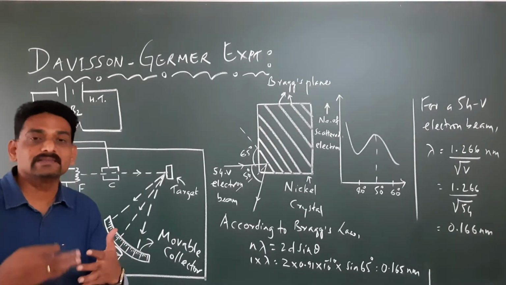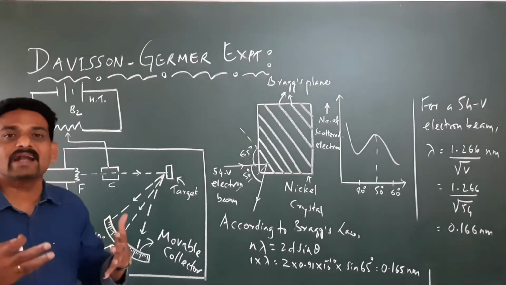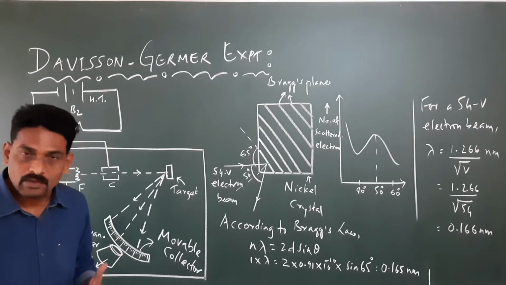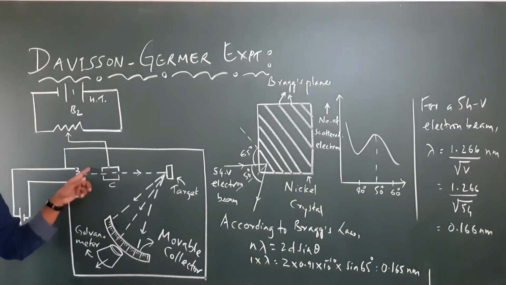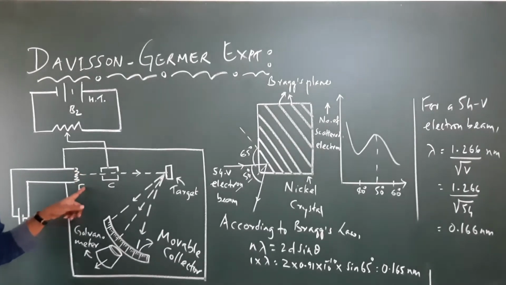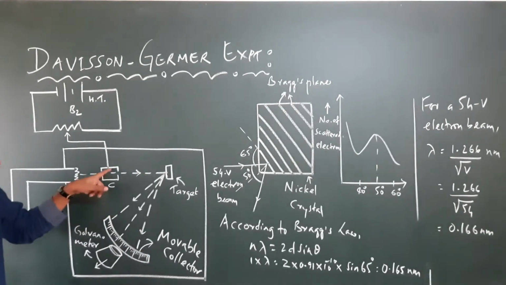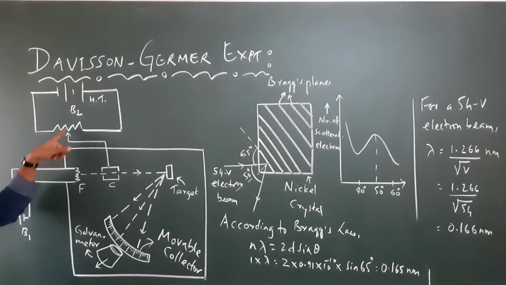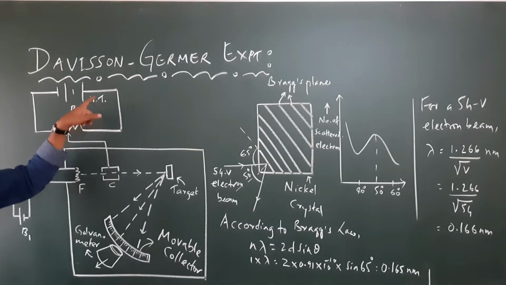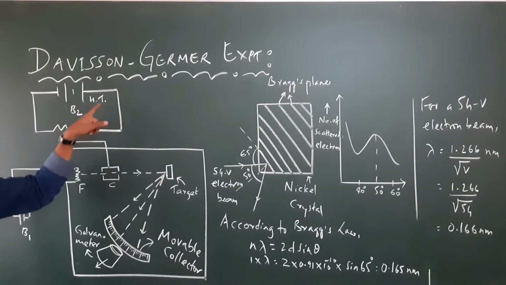We want to accelerate these electrons to a desired velocity. So, to accelerate the electrons liberated from the filament, we connect a cylinder, and that cylinder is interconnected to battery B2, which is a high tension battery.